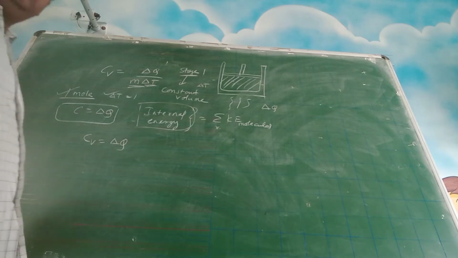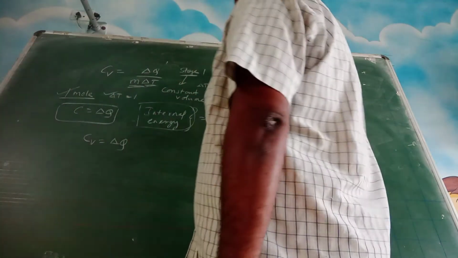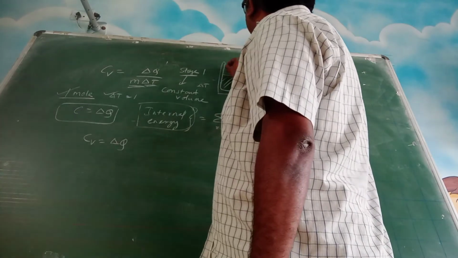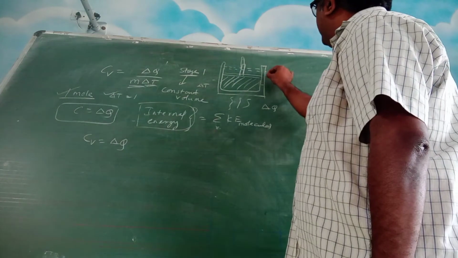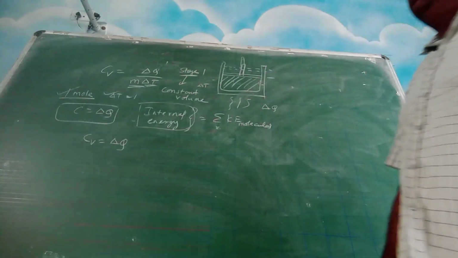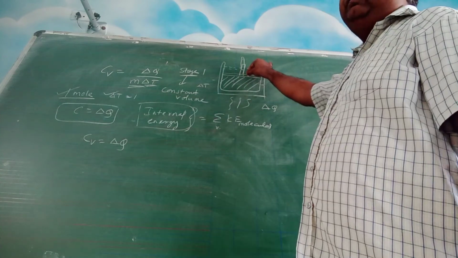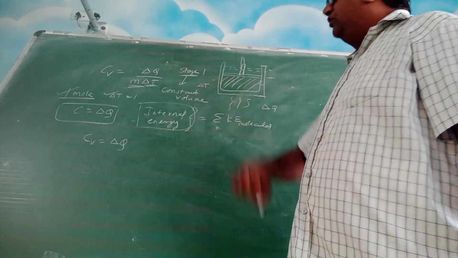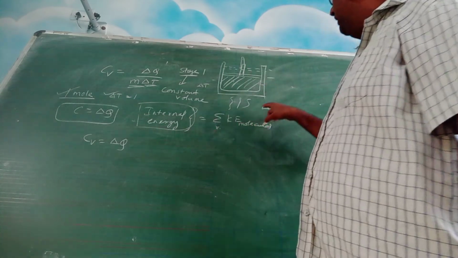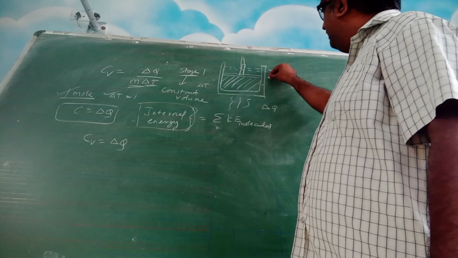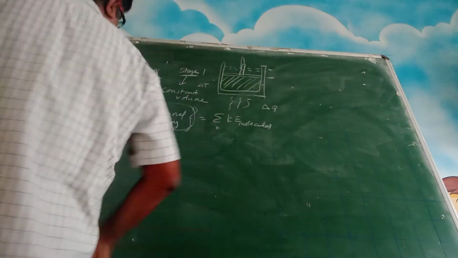Then after that, you are still giving heat. When you keep on giving heat, this is your piston, and this lid moves up slightly, from here to here. When the lid was tight, the volume was constant. When the lid moved, because you are giving even more heat, some work is done on the piston.